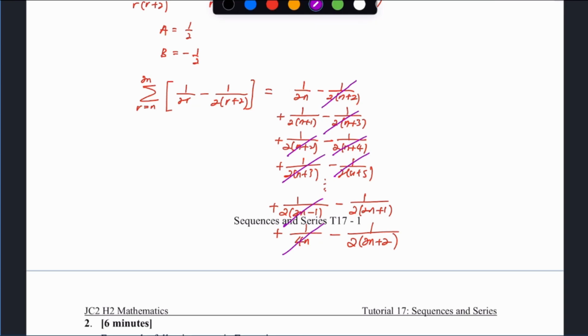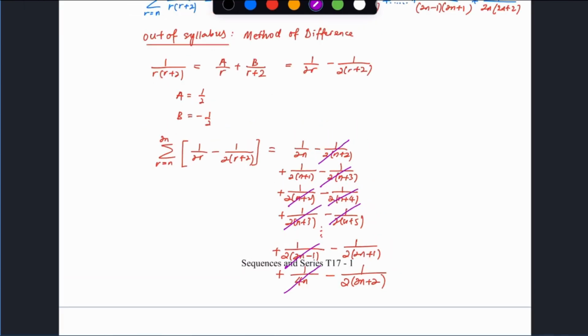Once again, this is out of syllabus, so if you don't understand what I'm trying to do, it's okay. If it's in A level, they will give you the method and tell you what to do. But in previous years, they needed to know how to do that.